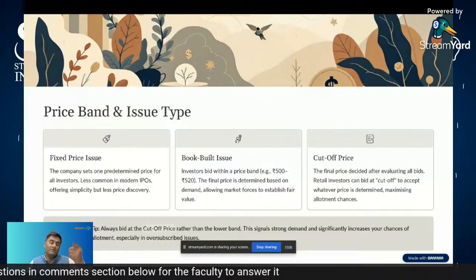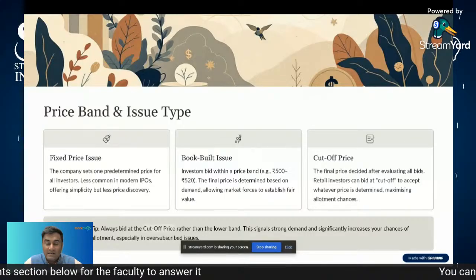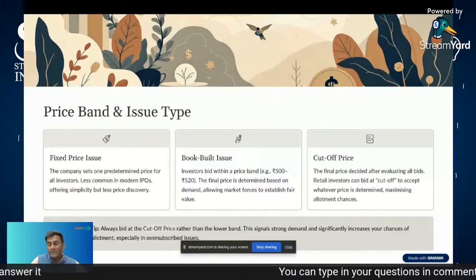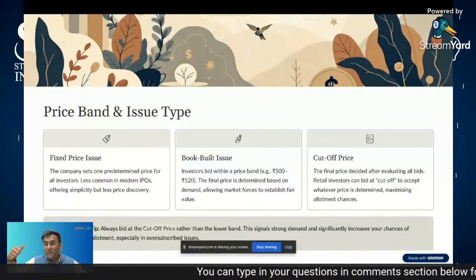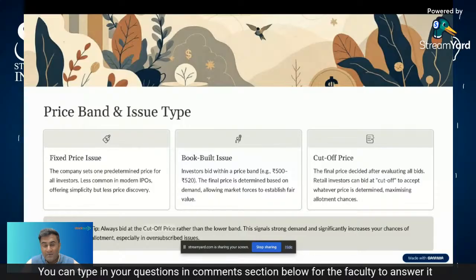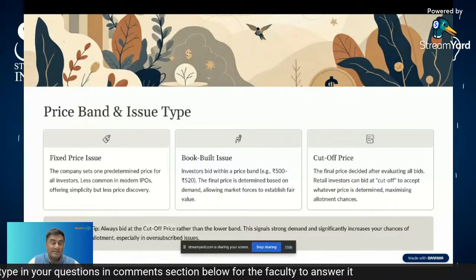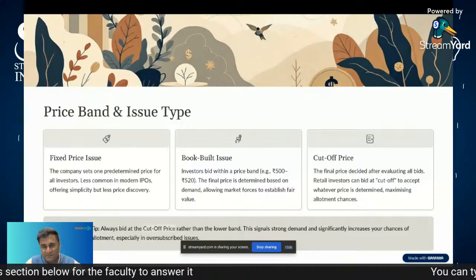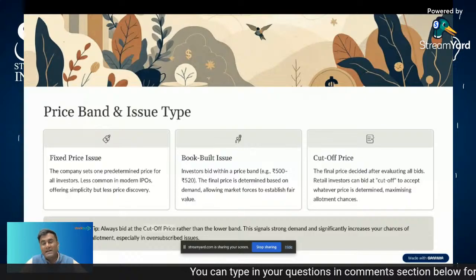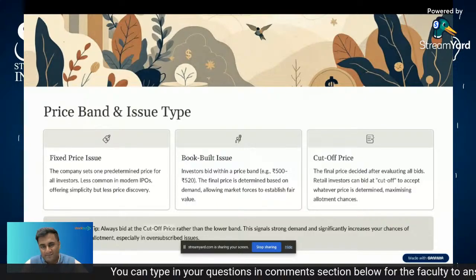So here I would like to add a point, friends. Imagine that you applied for the IPO at the upper band, that is at 520. Okay, and the company gets listed, and the issue price turns out to be 515. So you will get that 5 rupee refund.